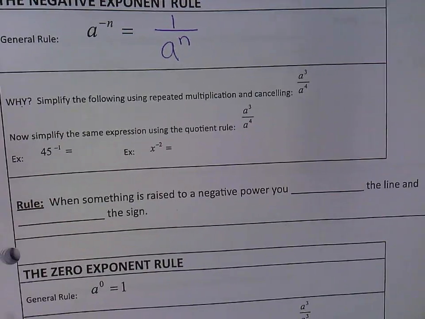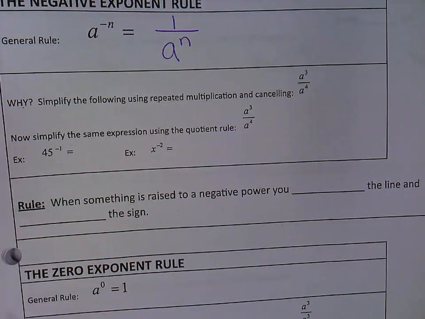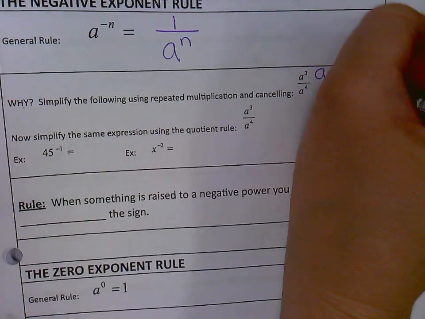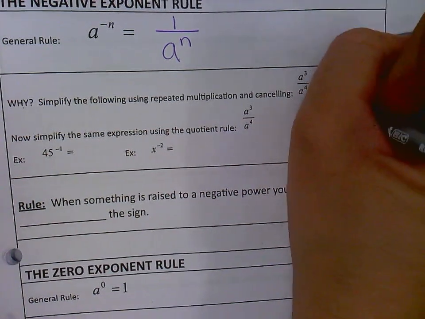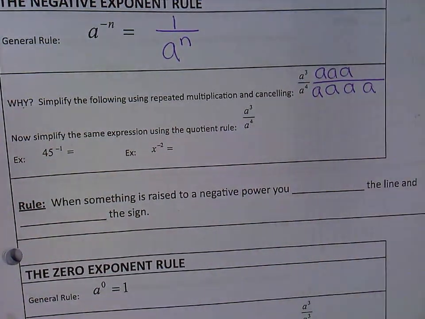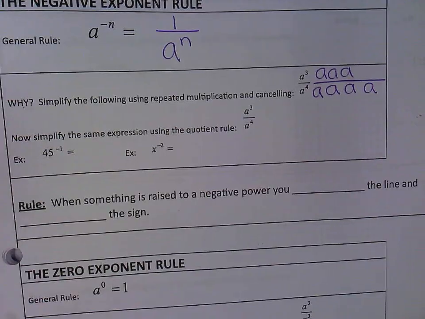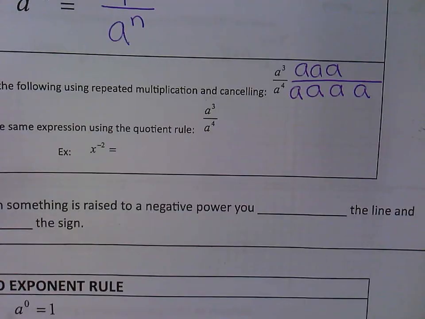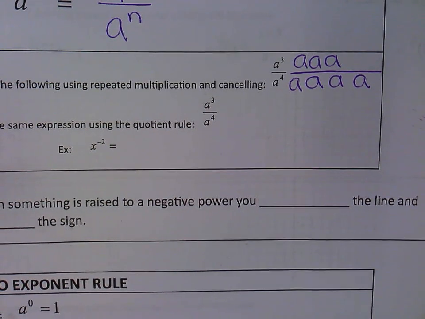It says, first, let's simplify using repeated multiplication and canceling. So let's write this out. A over A. Good thing I didn't pick a bigger number than 3 and 4. You'd be writing like 21 A's over 50 A's. A lot of A's. 3 of them cancel, right?